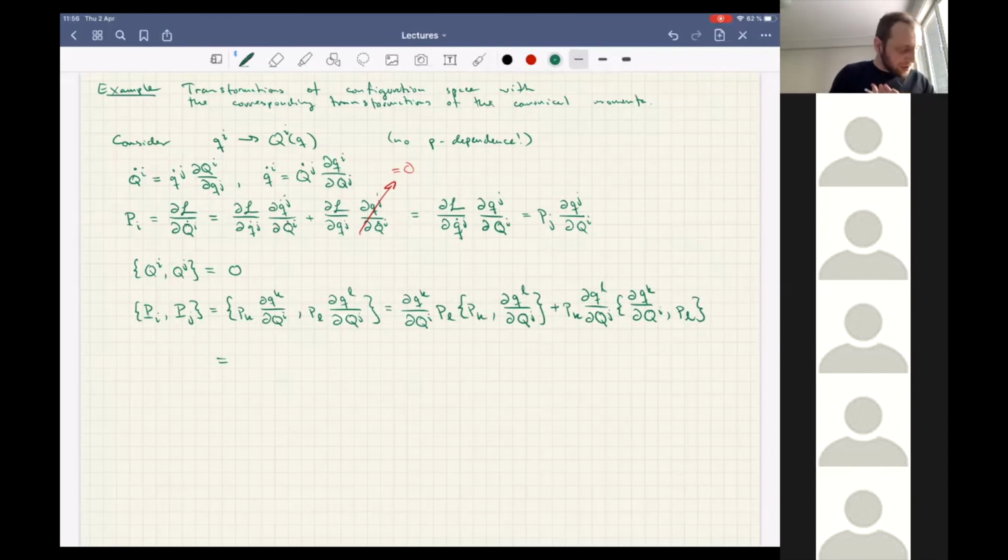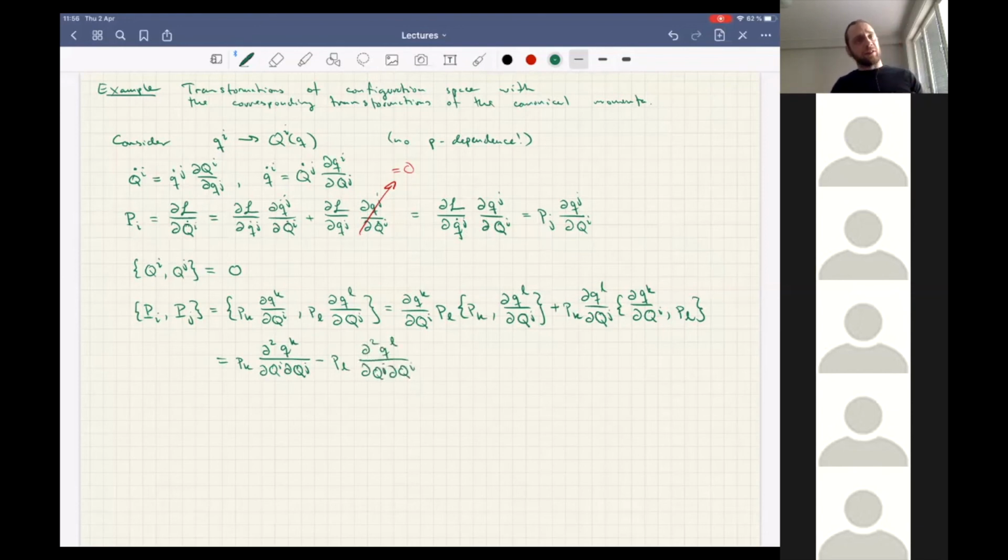We just have 4 minutes left, so I'm not going to go through the entire computation, but if I jump a few steps, and again, the entire computation is in the lecture notes, what we end up with is the following: p k multiplied by the second derivative with respect to the Q i, Q j, minus p l, and essentially the same second derivative.